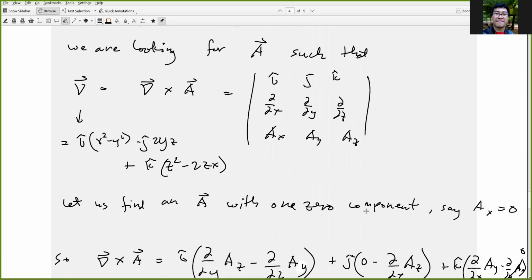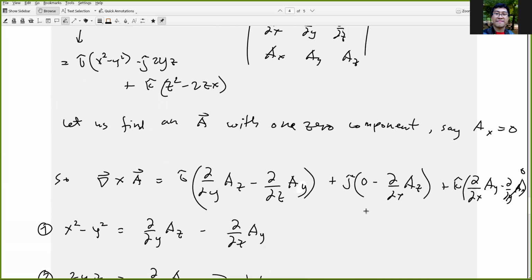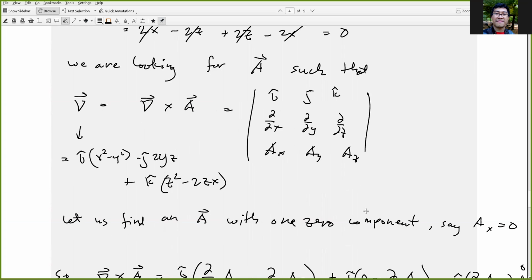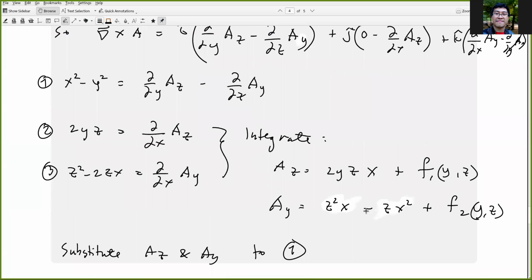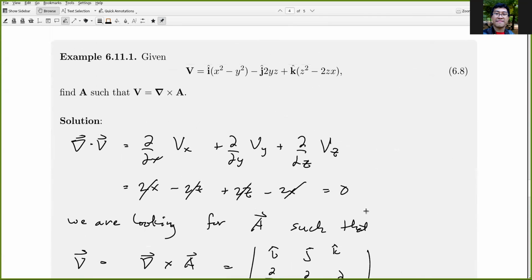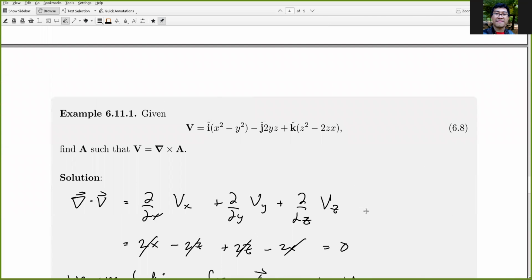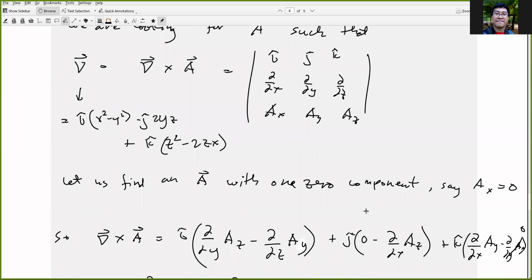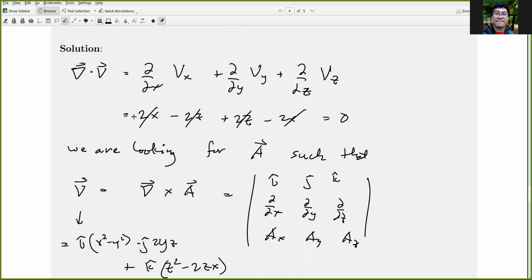X squared minus y squared. Okay, I'm looking at the wrong notes.